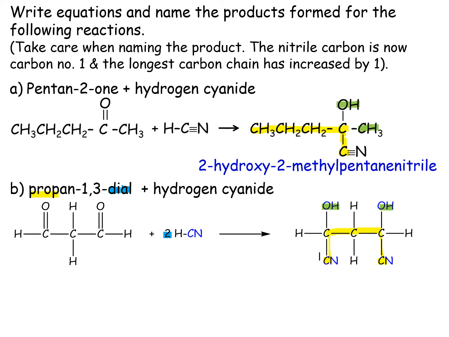It's a hydroxynitrile, and we've got the hydroxy on carbons 2 and 4. And because there are 2 hydroxys, we would say dihydroxy. So putting all that together, 2,4-dihydroxypentanedinitrile. Now, strictly speaking, you don't really need that dash there. That could just flow as one continuous word.